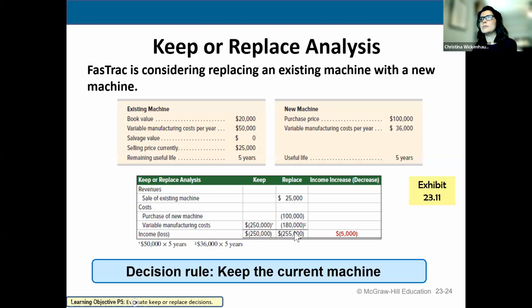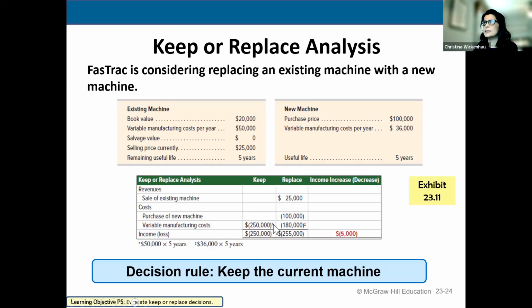So we're going to save on that. When we add it up, keep or replace, we're going to have an additional decrease of $5,000. So we're going to lose additional money if we replace it right now.